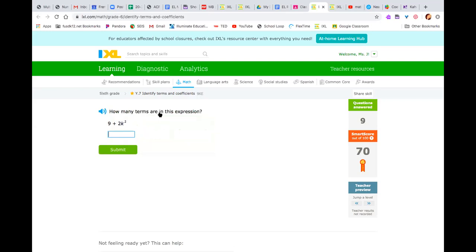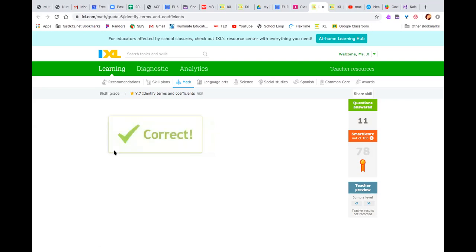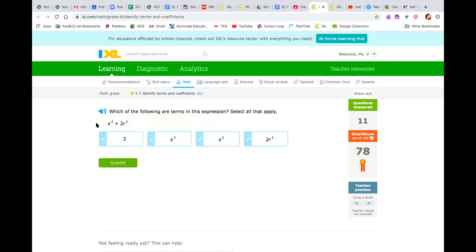Okay. How many terms are in this expression? 2. How many terms are in this expression? 3. Which of the following terms are in this expression? Select all that apply. So you might want to box your terms here to make sure that you get this correct. I'm boxing my terms.